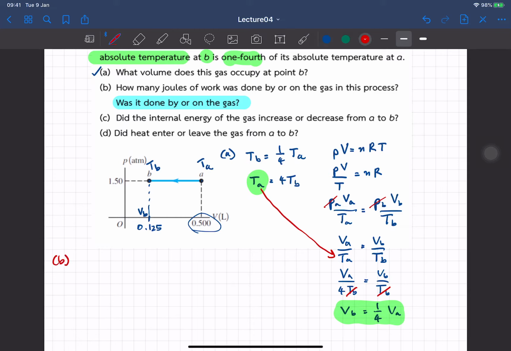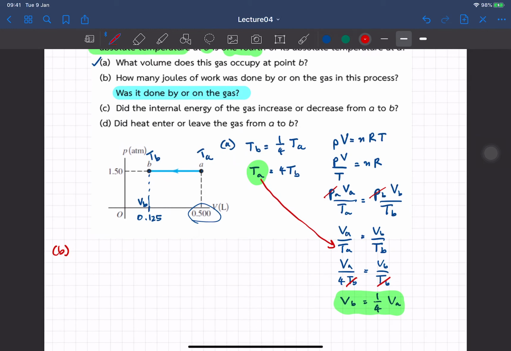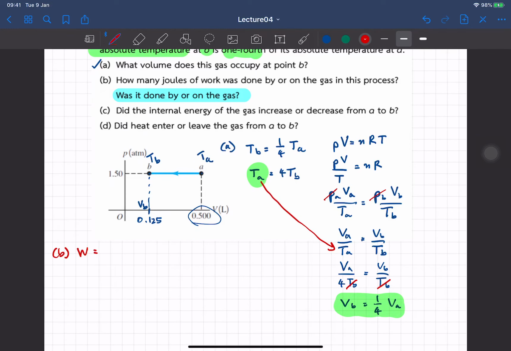So for part B, the work done again is the integral of P dV, which is the area under the curve. And the area under the curve for this one is very easy to calculate because it's just a rectangle. So it's just the base times the height. And the height is 1.5 ATM.